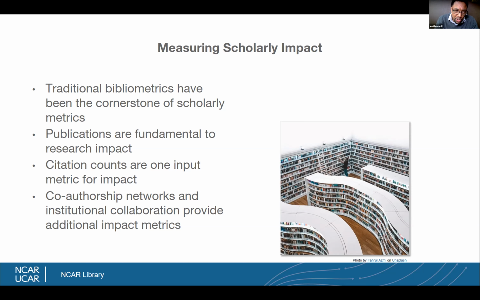So publications in general have always been a cornerstone of research and fundamental to how we view and measure research impact.